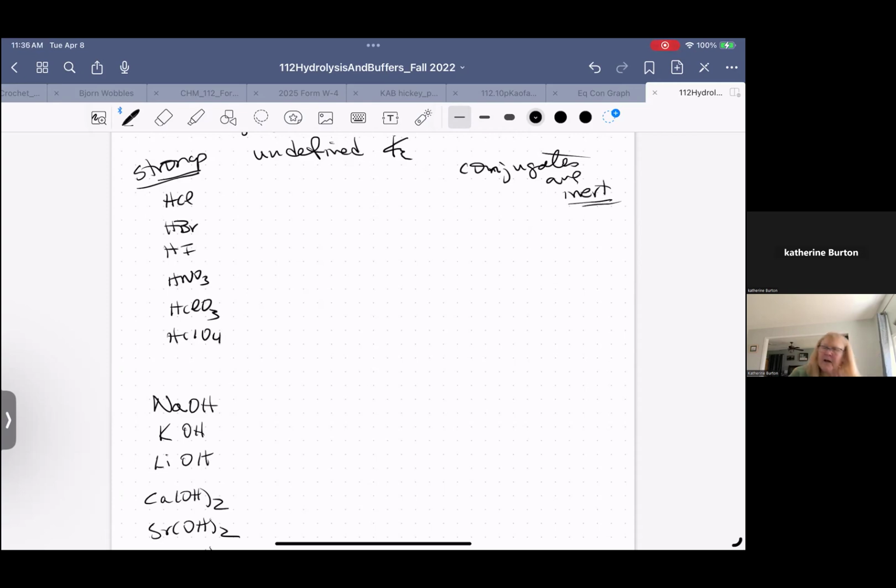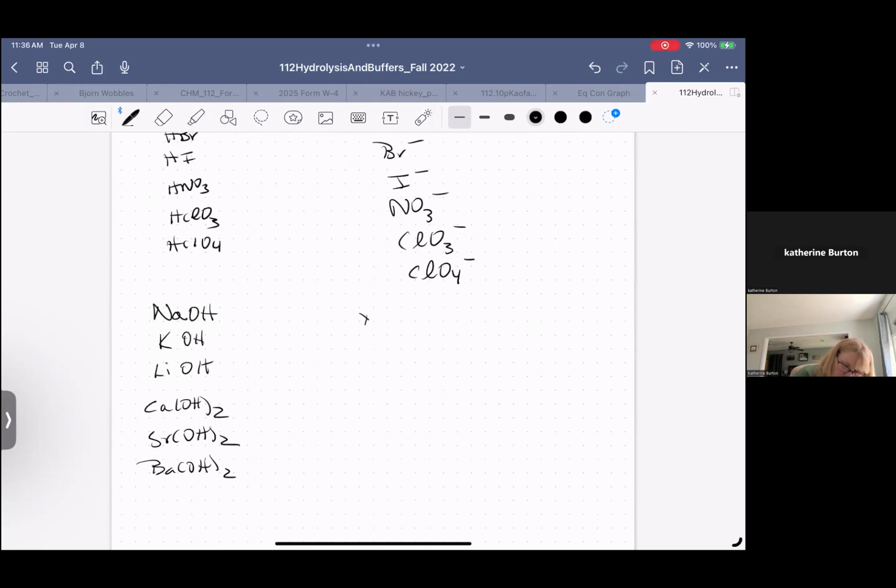Inert meaning they do not have any acid-base properties and do not react with water, and those are chloride, bromide, iodide, nitrate, chlorate, and perchlorate. I have left sulfuric acid off of this because it's more complicated; the first step only is strong. The same goes for our group 1 cations, and you can put the whole list in there, we just don't tend to have them in the lab. And then, of course, calcium, strontium, and barium.